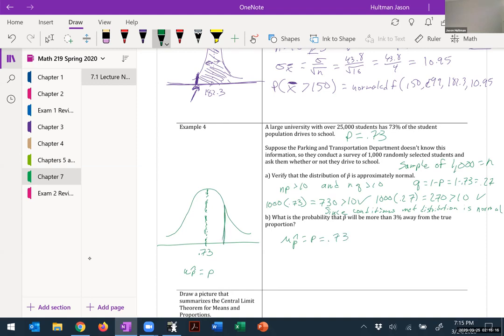Within 3% is going to be up to 0.76 and down to 0.70. So what this is really asking is the probability that the sample proportion is between 0.70 and 0.76.